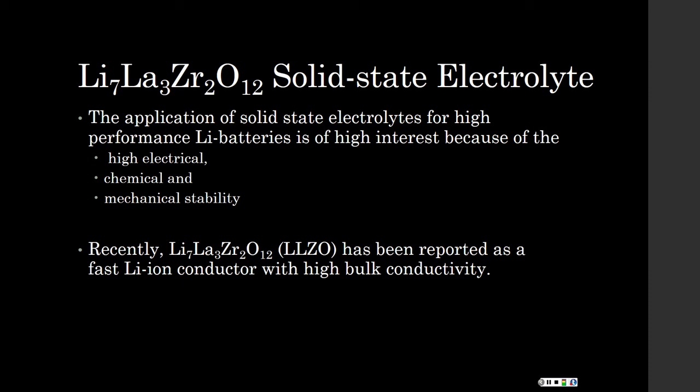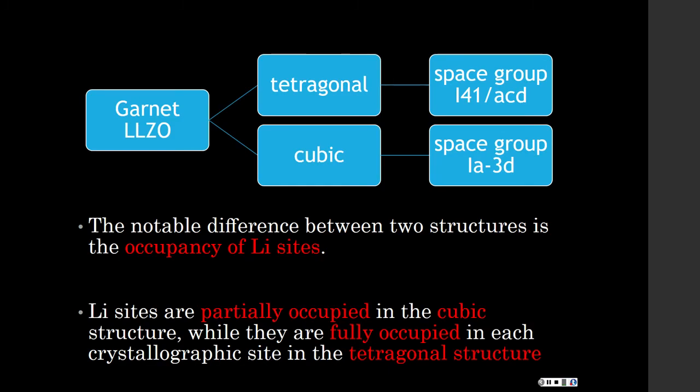Among different solid state electrolytes, LLZO has been highly used recently, and many people are working on this material because of its high conductivity. This is a garnet type structure, and it has two different phases, the cubic phase and the tetragonal phase.